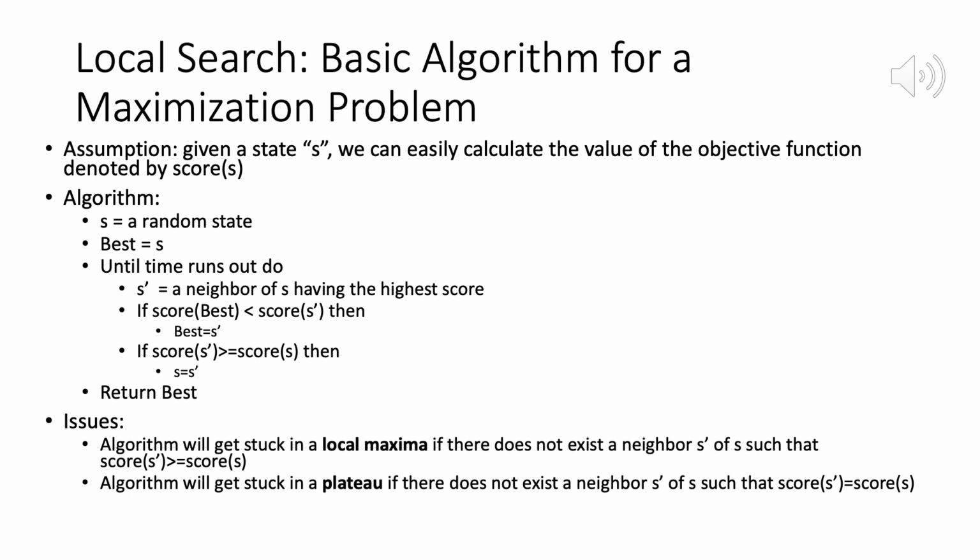The first issue is that local search can get stuck in a local maxima, which is defined as a state S such that all neighbors of S have smaller score than S. Local maximas are problematic because they can be far in terms of score from the global maxima, which is what we want to reach. If you're given an optimization problem, we don't want to reach a local maxima, we want to reach the so-called global maxima, which is the best possible local maxima, since the global maxima is nothing but the optimal solution.